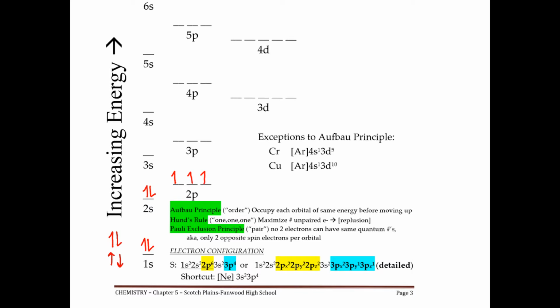You always put 1 in each blank before going back and putting a second one in this, a second one in this, and a second one in that. So far we've done 10 electrons. We need to do 16 altogether. So that's 10, then 11, 12, and then 13, 14, 15, 16.